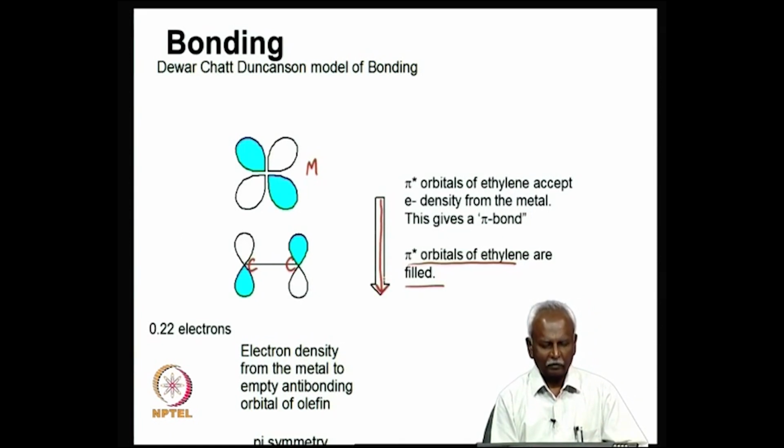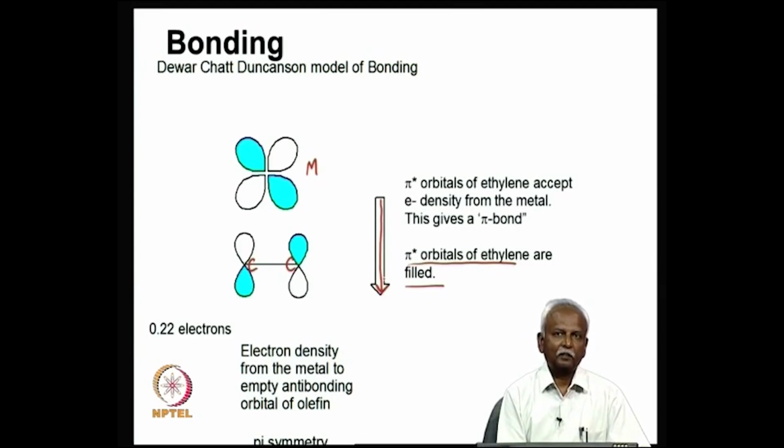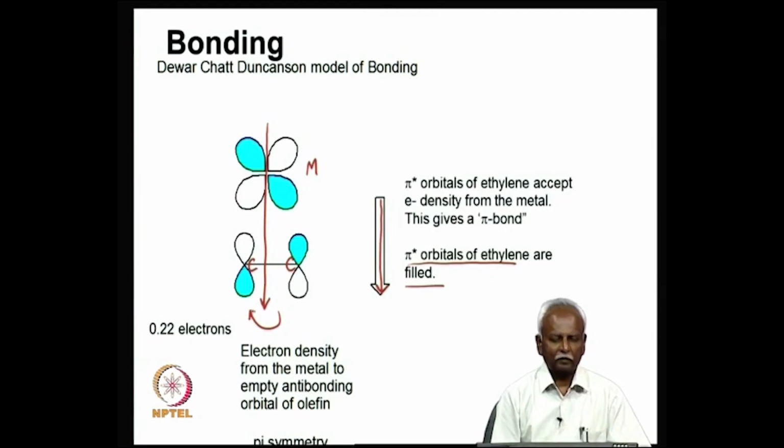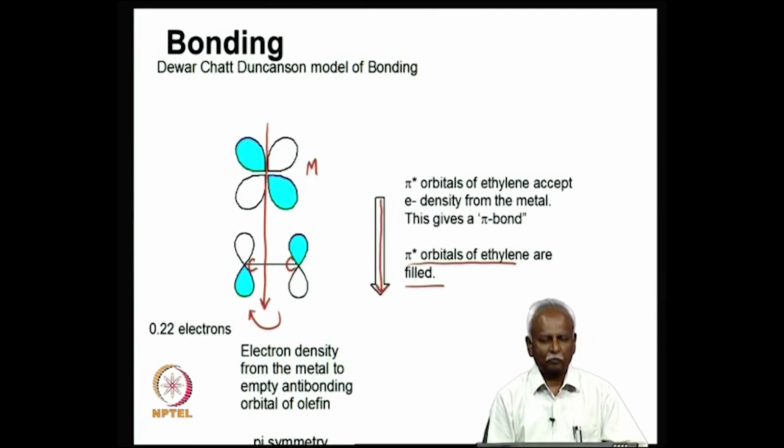So, the situation is very similar to what we encountered in carbon monoxide. Electron density from the metal is going into an antibonding orbital, and the symmetry of this interaction is a pi interaction, because you will notice that if I rotate the metal or the olefin with respect to one another around this axis of interaction, then the bonding is immediately disrupted and there is a breakage of this bond.